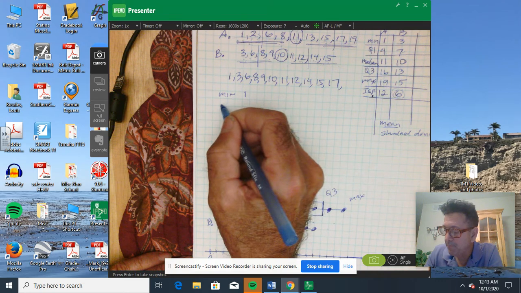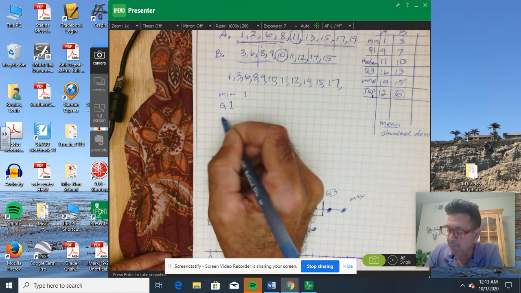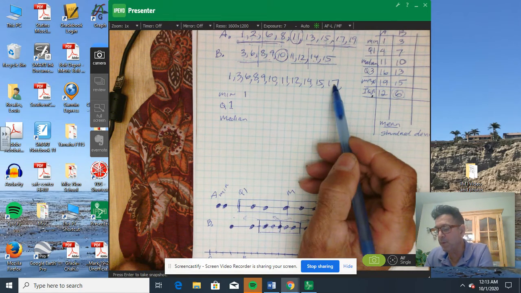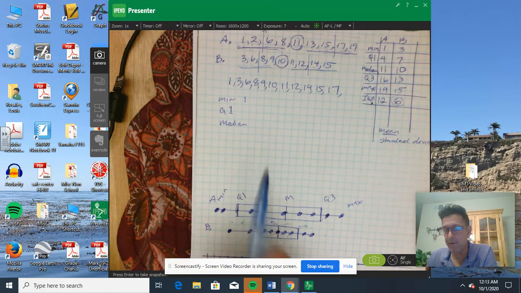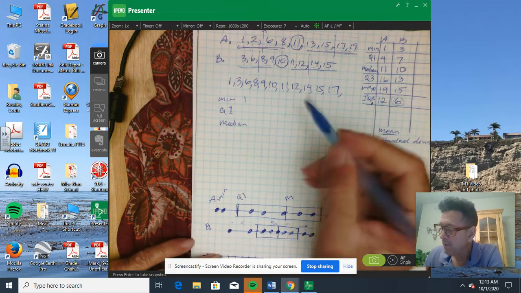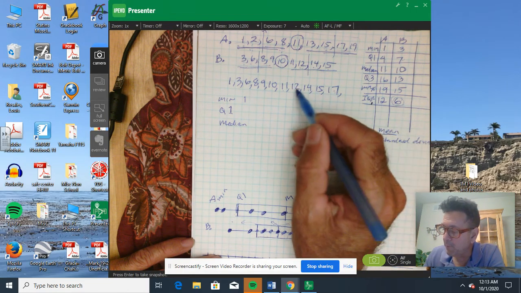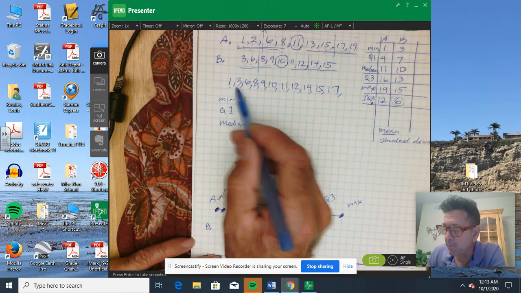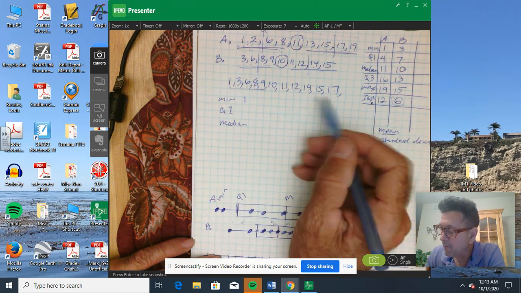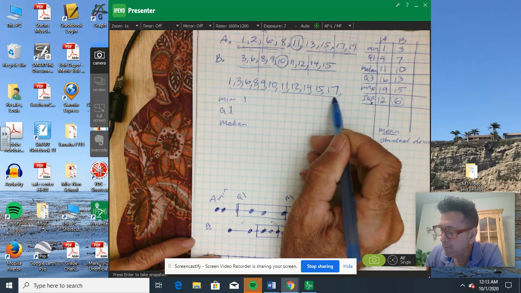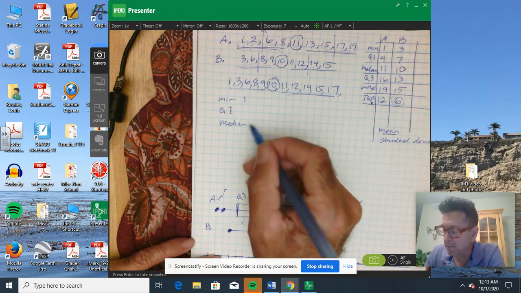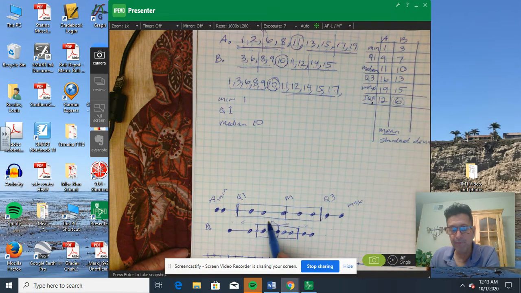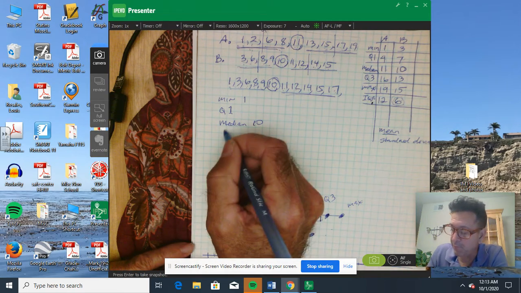It's now 1. We'll get to Q1 in a second. Now the median didn't actually change because I put one number on this side, one number on that side. Remember I said it's pulling in both directions. So we've got 1, 2, 3, 4, 5, 6, 7, 8, 9, 10, 11. So that's going to be 1, 2, 3, 4, 5 here, 5 here, with 10 still in the middle. So 10 is still going to be our median. It got pulled both directions and stayed in the middle as a result.